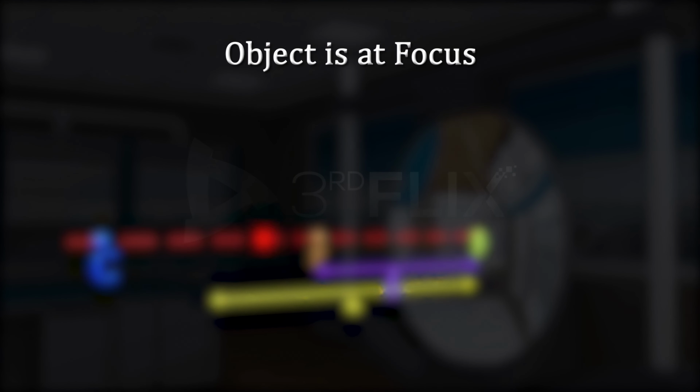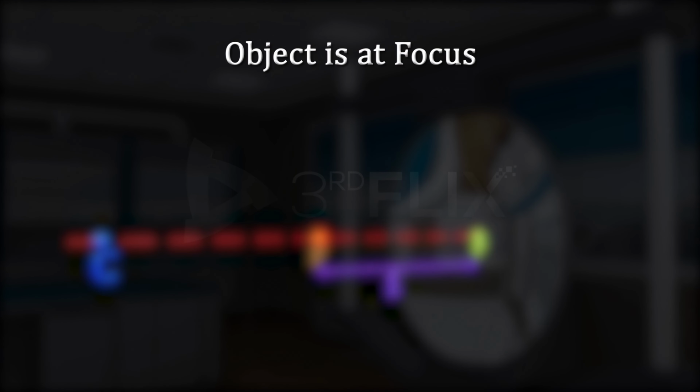Now, let us place the object at the focal point. One ray passes and gets reflected along the principal axis. Another ray that is incident on the mirror becomes parallel to the principal axis. The two rays tend to meet at infinity.